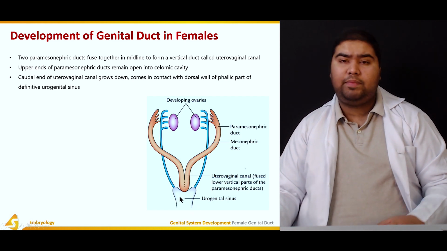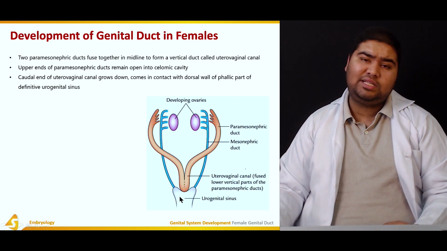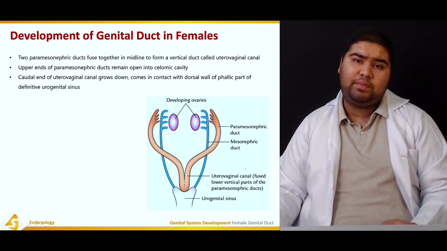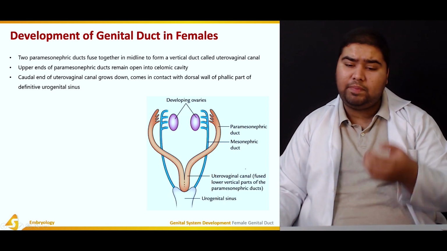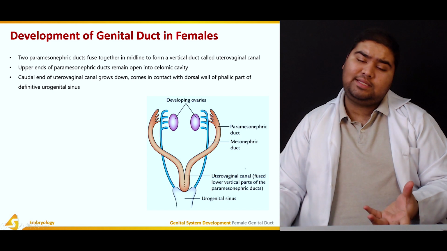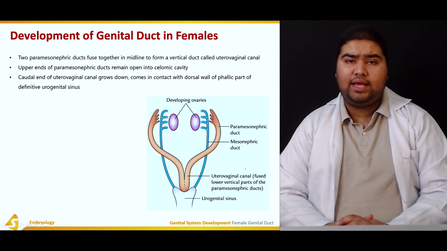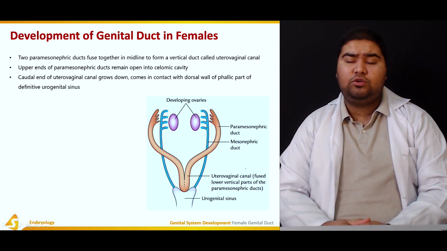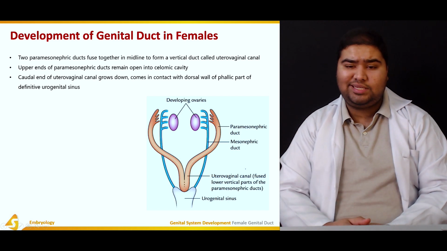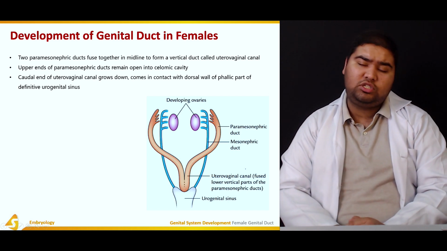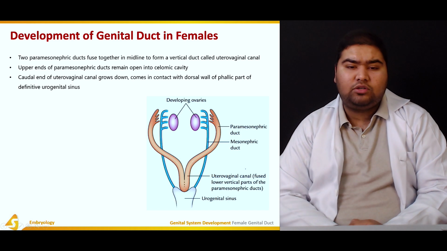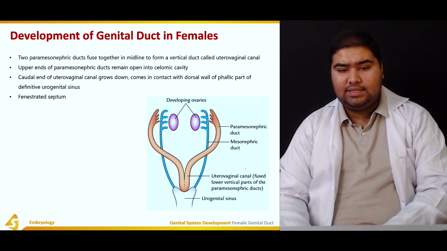So this is the phallic part. There are two parts of the urogenital sinus, the phallic part and the pelvic part. The phallic part is the cranial part. So when the lower part of the uterovaginal canal grows distally, it comes to lie in contact with the dorsal wall of the phallic part of the urogenital sinus.